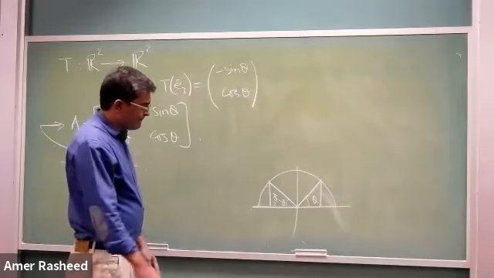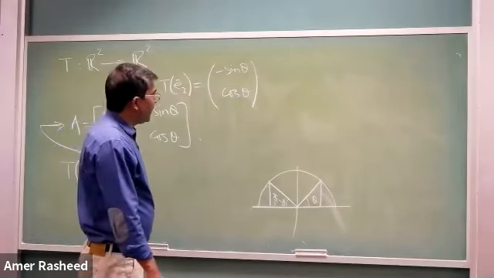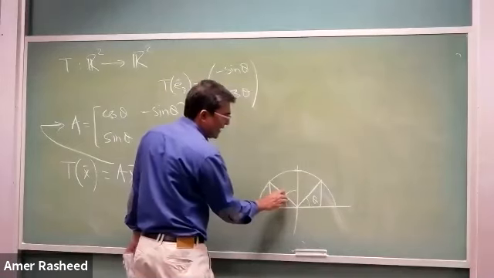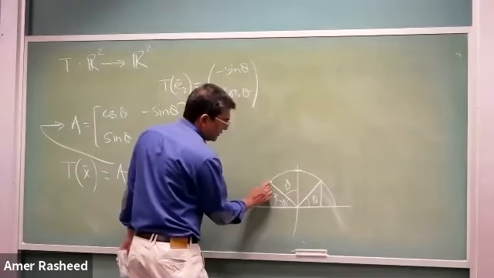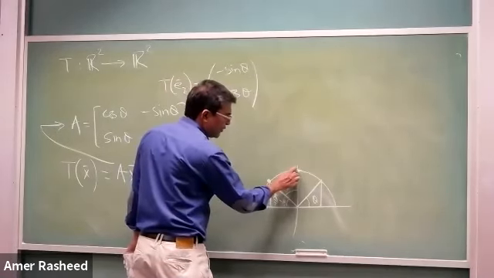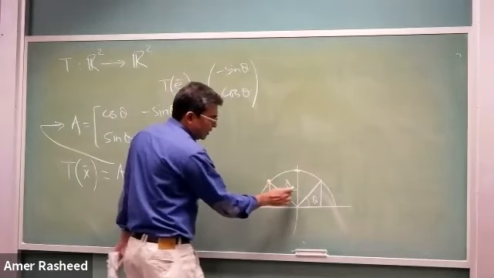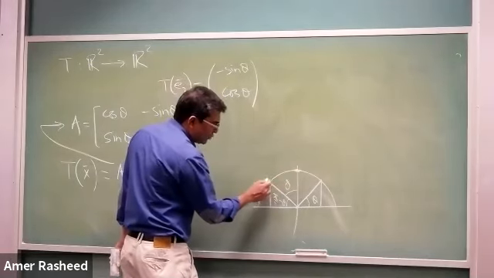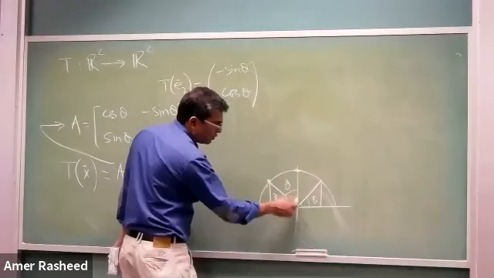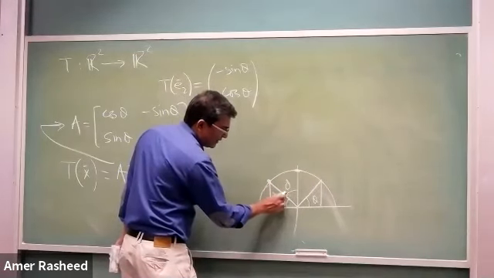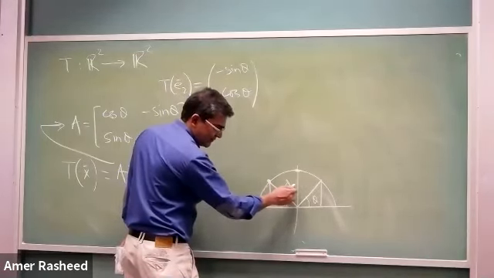Sir, could you explain how we found E2 again? E2 में basically this unit vector, when you rotate it about an angle theta, it will come here somewhere. Okay? But you cannot find the coordinates of this point with respect to the y-axis.